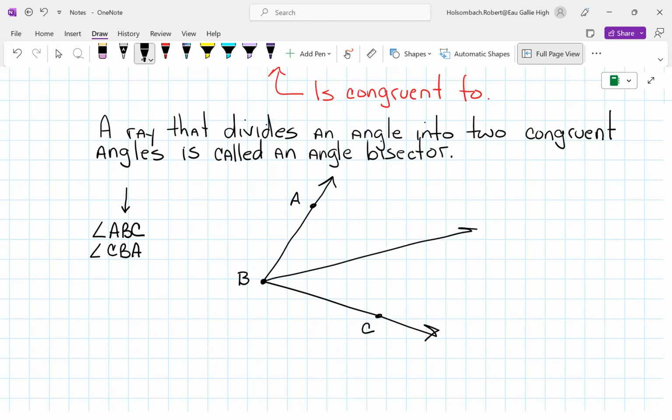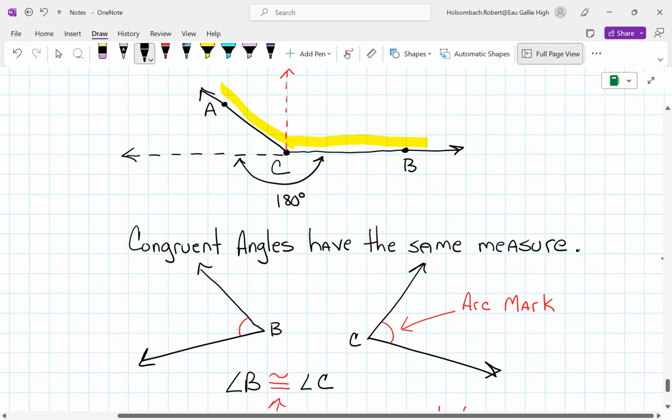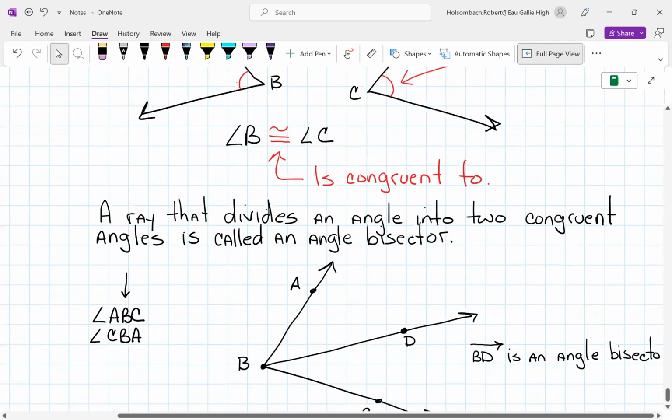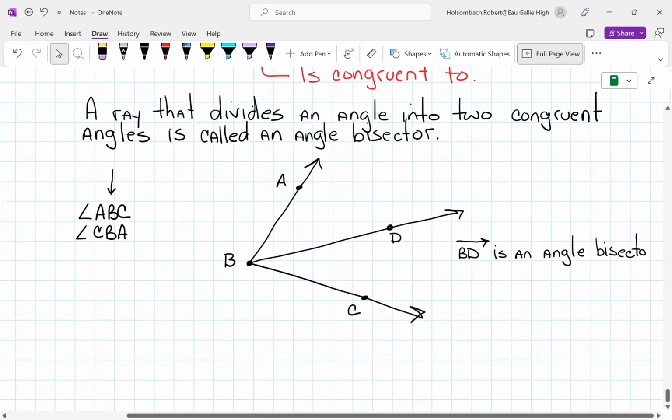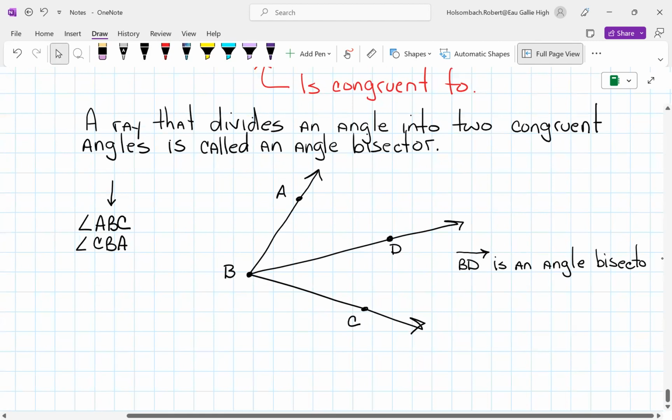Something about there. If we put point D on that ray, then we're going to say ray BD is an angle bisector. Oh boy.